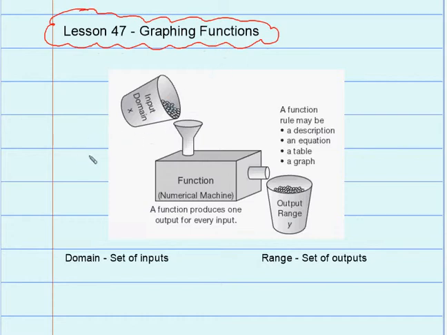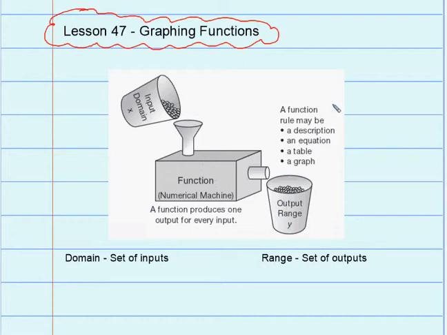Okay, so in this picture here is an illustration of a function, and it has 3 different parts. It has an input, and then that input goes into the function, and the function is the numerical machine, the part that will transform the input, and then it will come out of the function as an output.